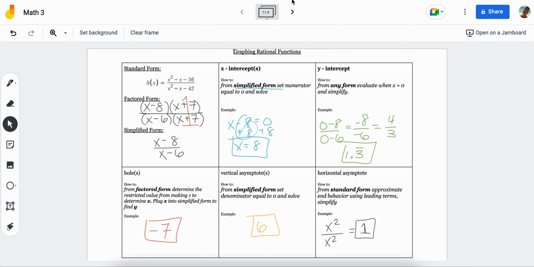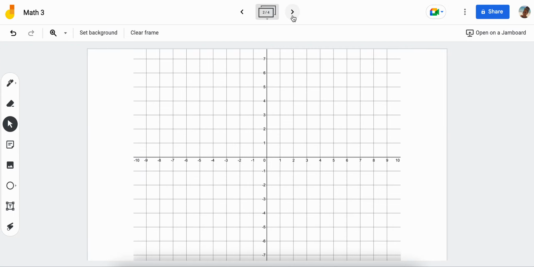So I like to start with my asymptotes. I have a vertical asymptote at 6, so I'm going to draw my vertical asymptote here at x equals 6. We had a horizontal asymptote at positive 1, y equals 1.